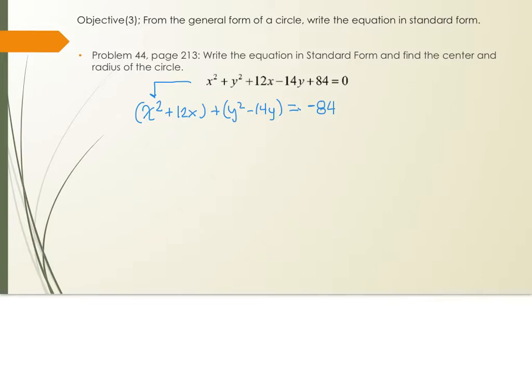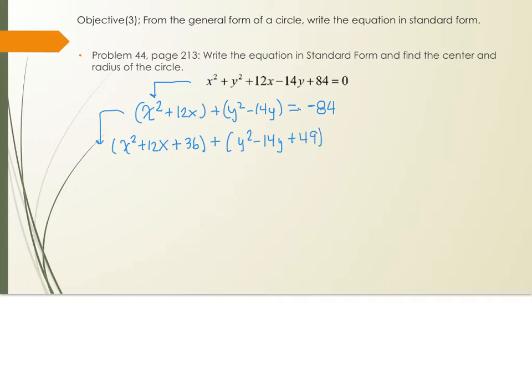So now we have to complete the square on the x variables and the y variables. And when we do that, we get the following: x² + 12x, and we take half of 12 and we square it, so 6 squared is 36. We're going to do the same thing with the y's, so we now get y² − 14y, take half of negative 14, and we square it, and we get 49.